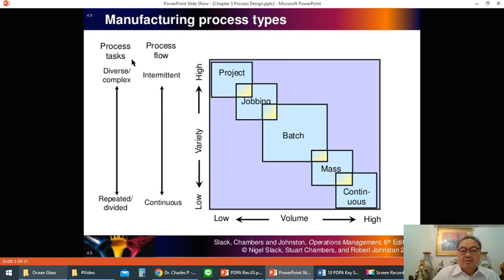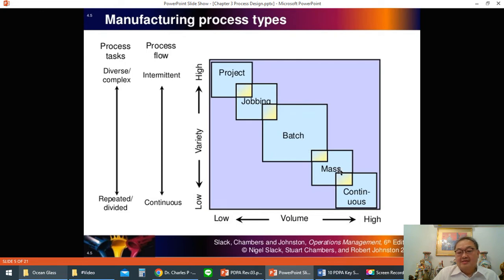Okay, here are the manufacturing process types. There are two axes that I want you to be concerned with. First is variety, high and low, and also volume, low and high. So if you produce high variety but with low volume, it's called project, right? While if you produce less variety and more volume, it's called jobbing.